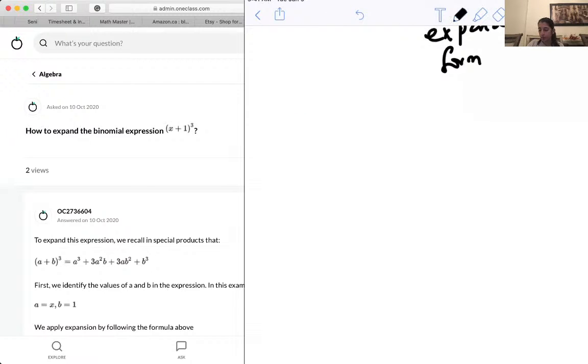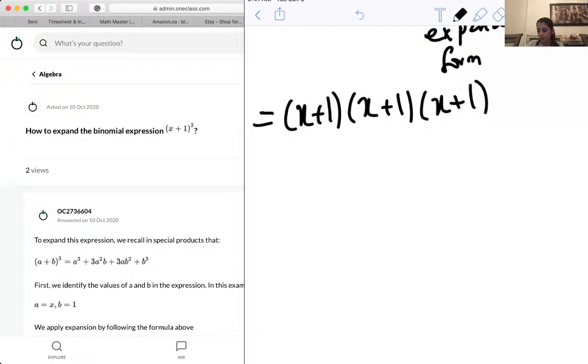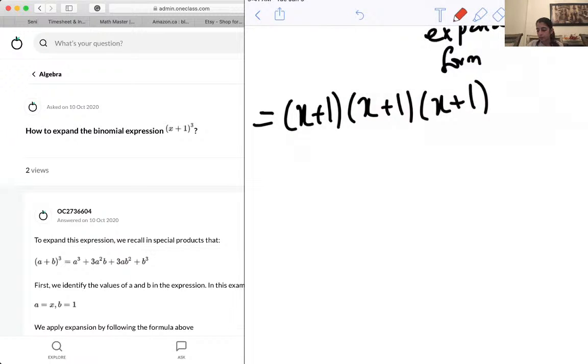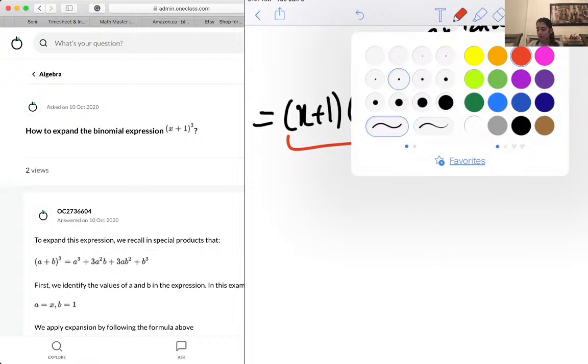So that equals x plus 1 times x plus 1 times x plus 1. Again, we're just going to do the first two brackets first, multiply them, and then add in our third one.